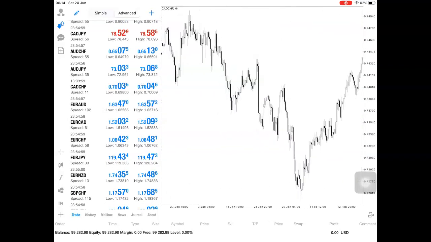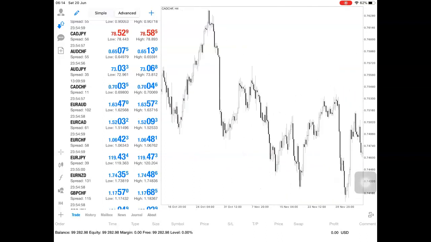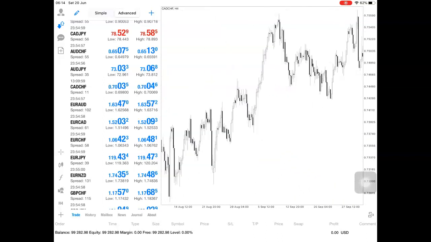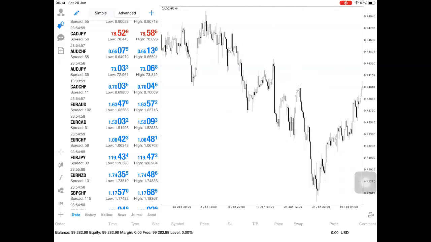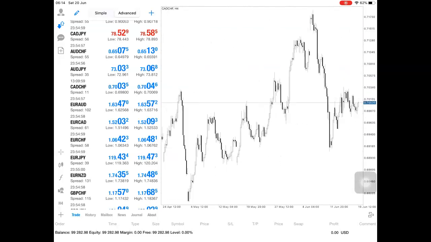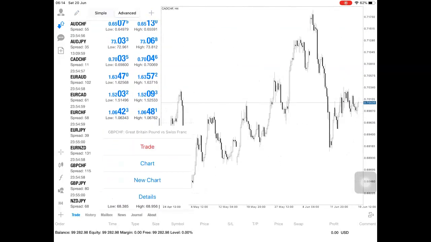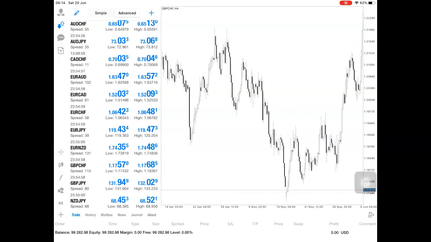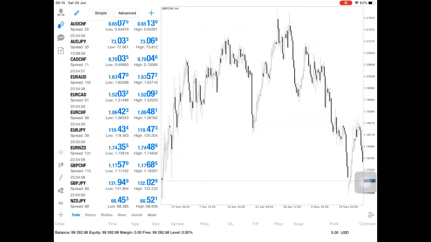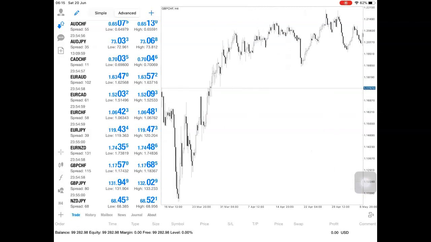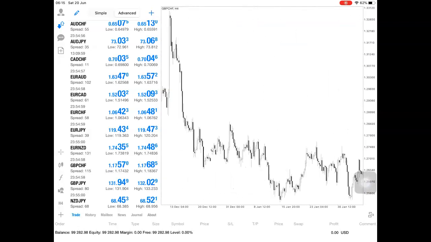Double tops and double bottoms usually occur at the end of trends, after a trend. Let's see.